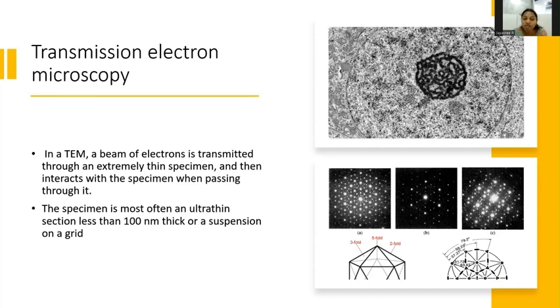So because of this heat, sometimes the polymers may even get melted inside the chamber, or the images which you are getting may be false because of the samples getting melted. So all these things should be taken care of when you are preparing a sample for the electron microscopy images. So both in scanning electron microscopy and the transmission electron microscopy, you will be able to get the images.